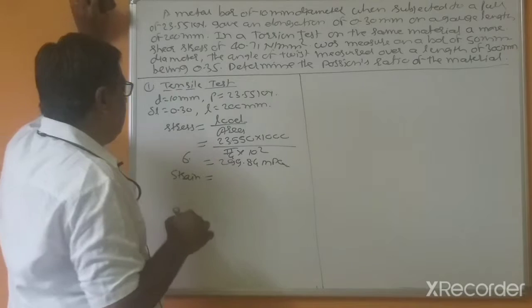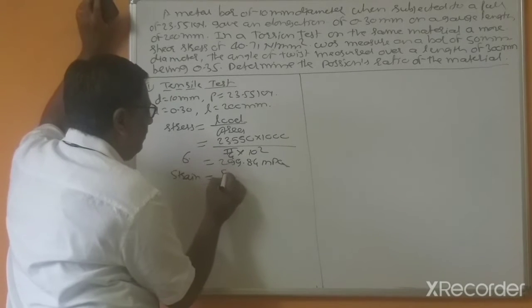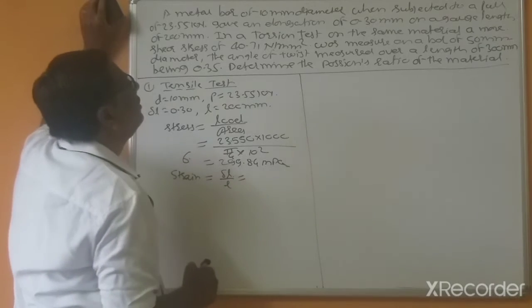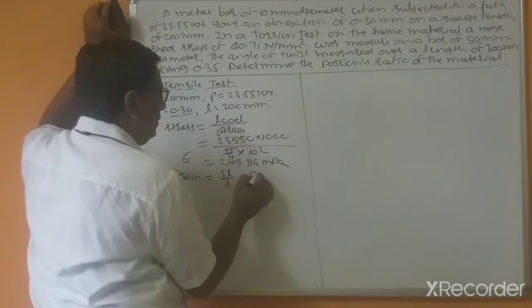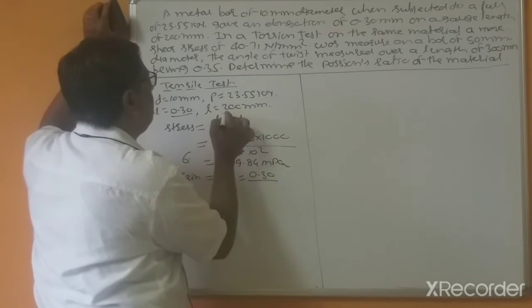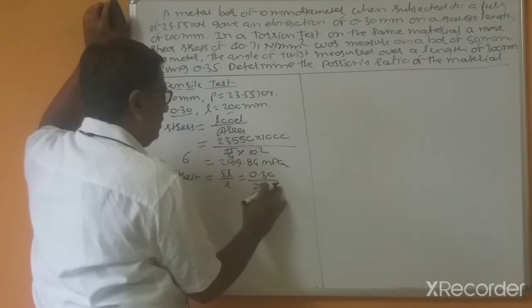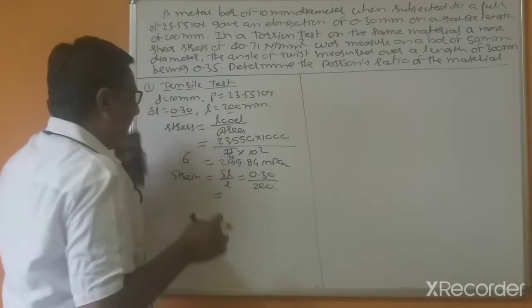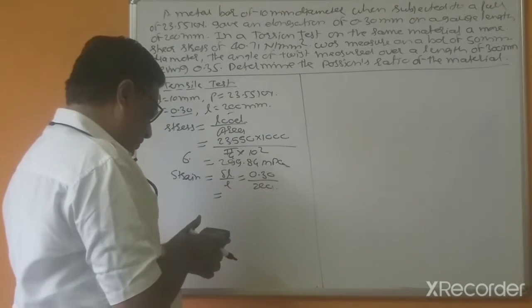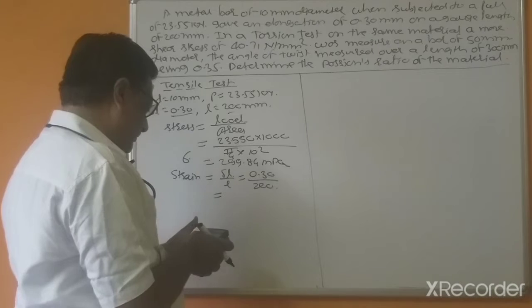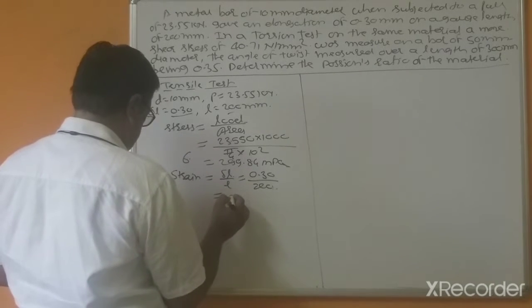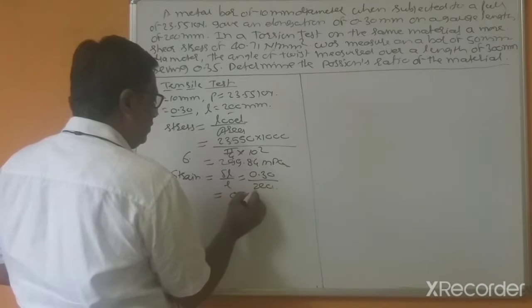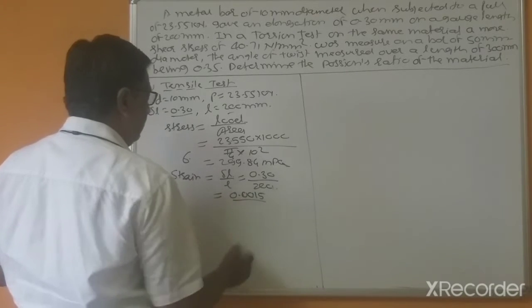Strain equals delta L by L. Delta L is given as 0.30 and L equal to 200 mm, so 0.30 divided by 200. So this is 0.0015.